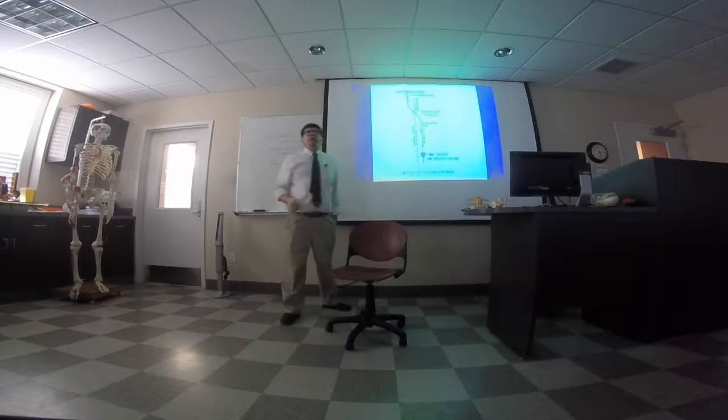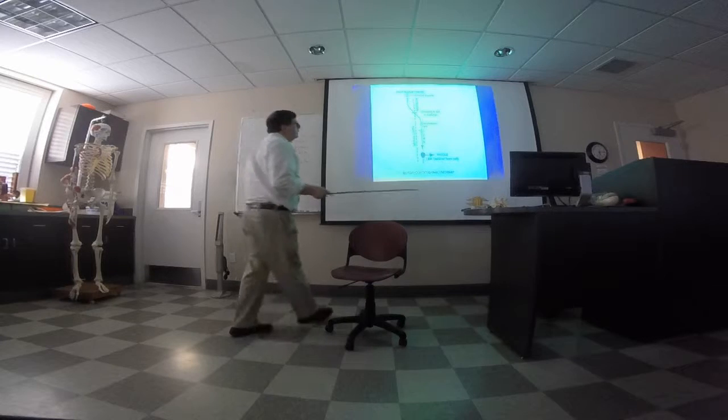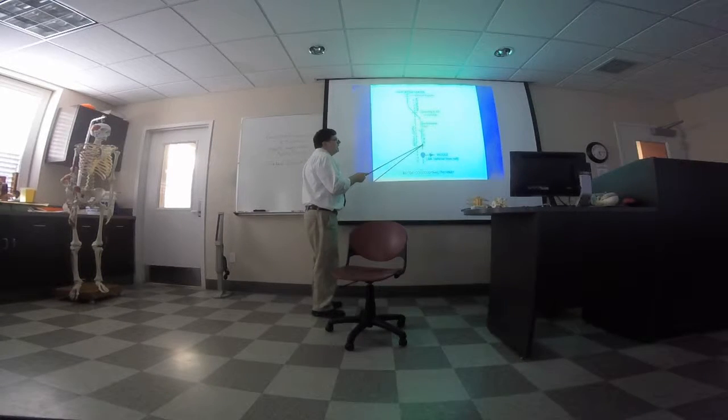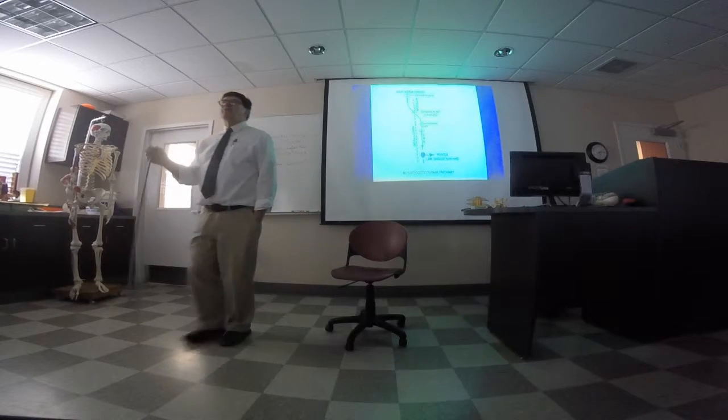where do these tracts run? Within what portion? Lateral white columns. Okay? And they're going to synapse at the appropriate level of the spinal cord depending upon what muscle they're providing innervation to.